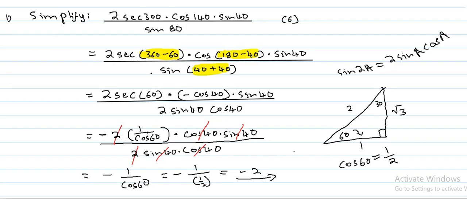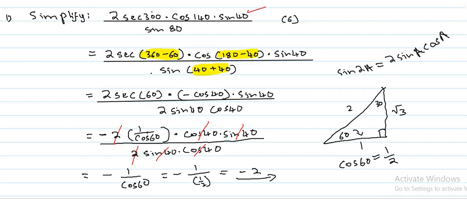So let's do a quick recap. First thing, when you're given an expression to simplify, you check if you can simplify it in terms of special angles or in terms of the common angle, which is the smallest angle. As I've said, our smallest angle is 40, so we'll try to express everything in terms of 40.